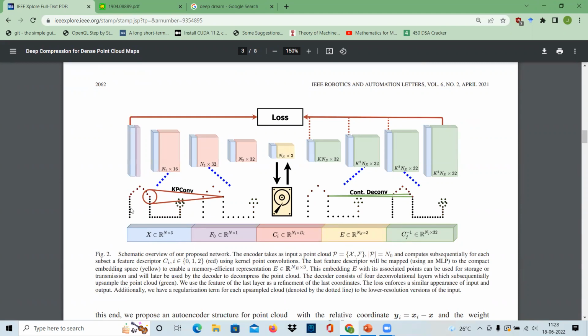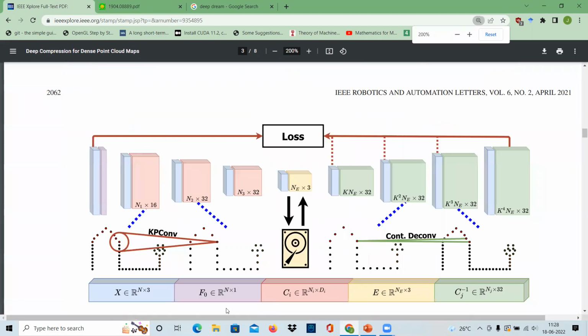These are just subsampled points. So some points stay the same, and then the remaining features are basically capturing the geometrical relationships.